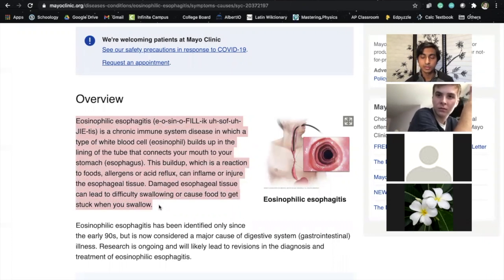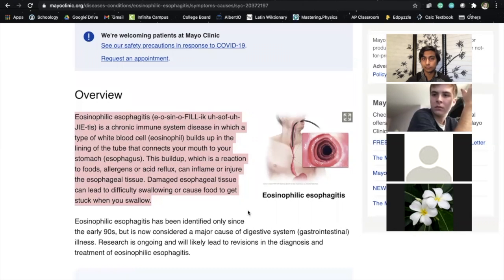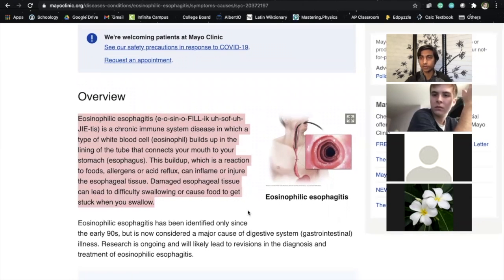I'll give you 30 seconds. Okay. So we saw the esophagus, right?